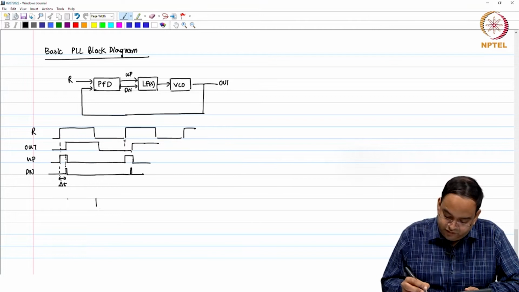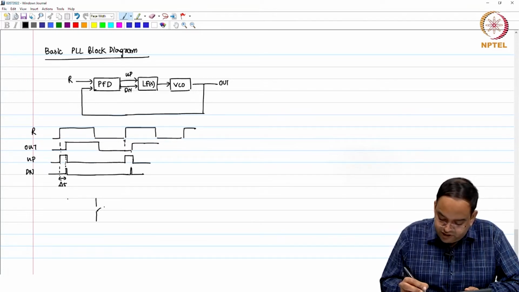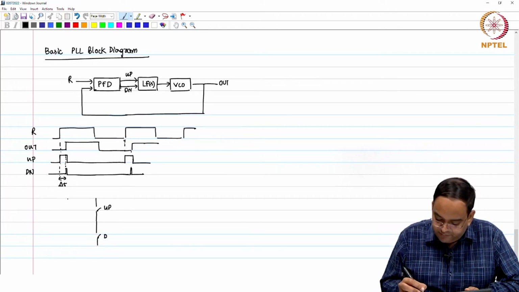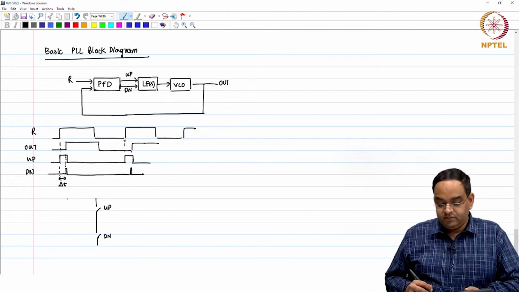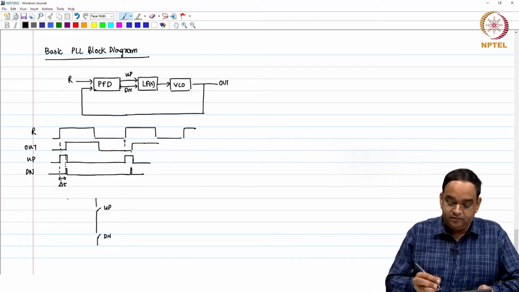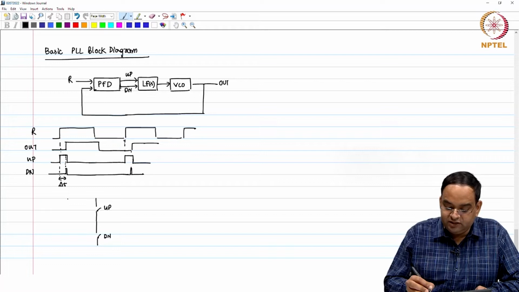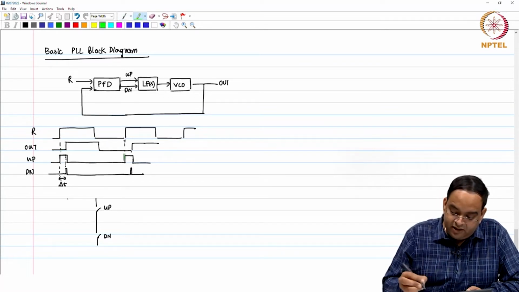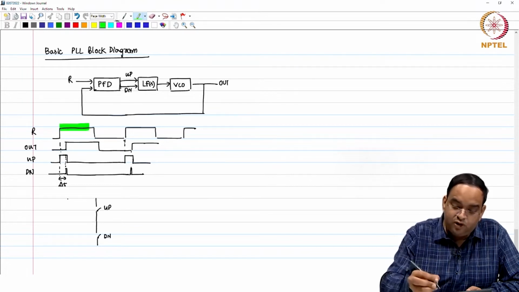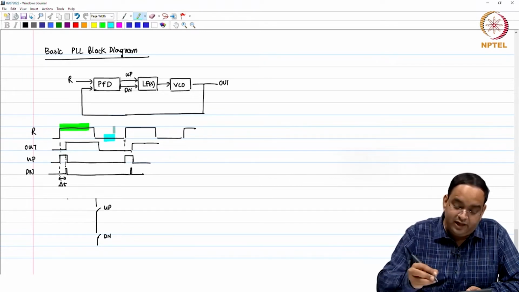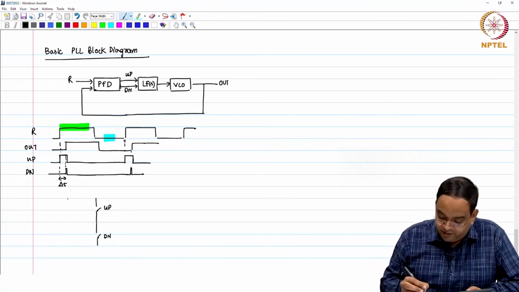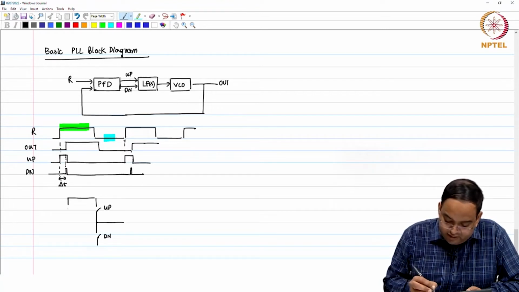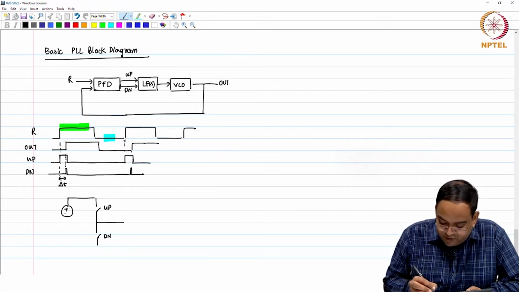So, I come back to my switches. I have a switch which is controlled by up and another switch which is controlled by down. Depending on when the signal is high, high means it is like this and low is this value. Do not consider anything else, high is this value and low is this value. So, now these up and down switches connect a voltage source, for example, Vp.